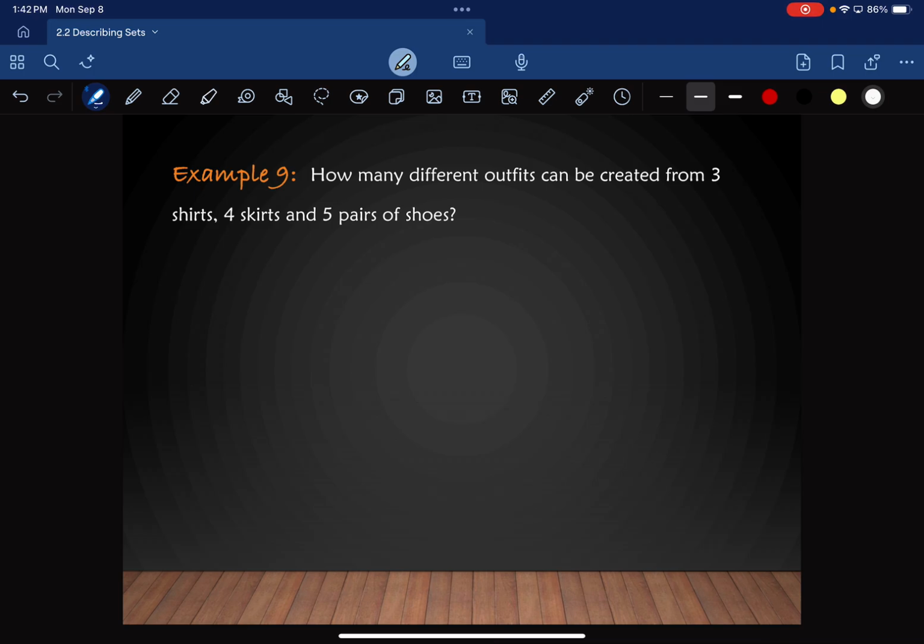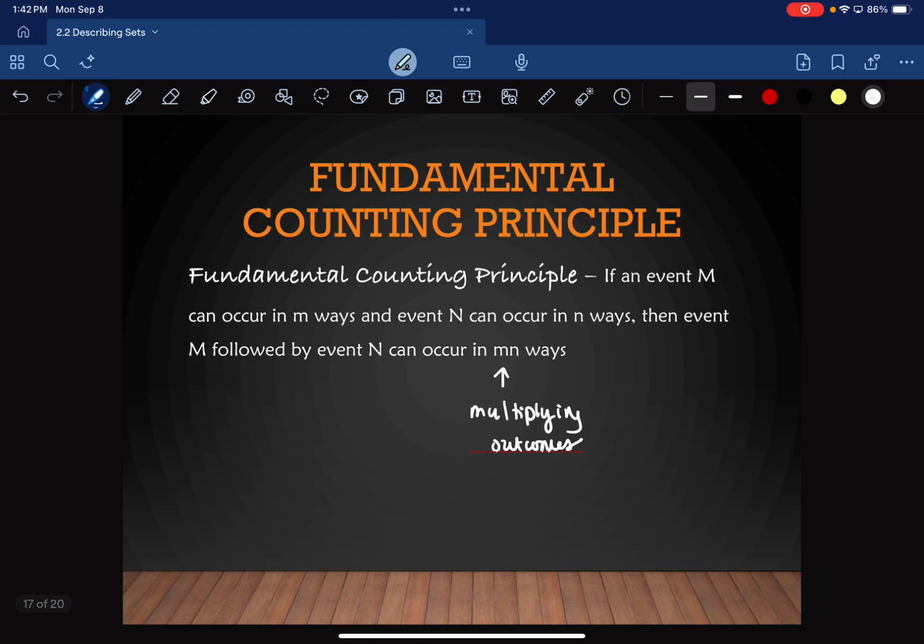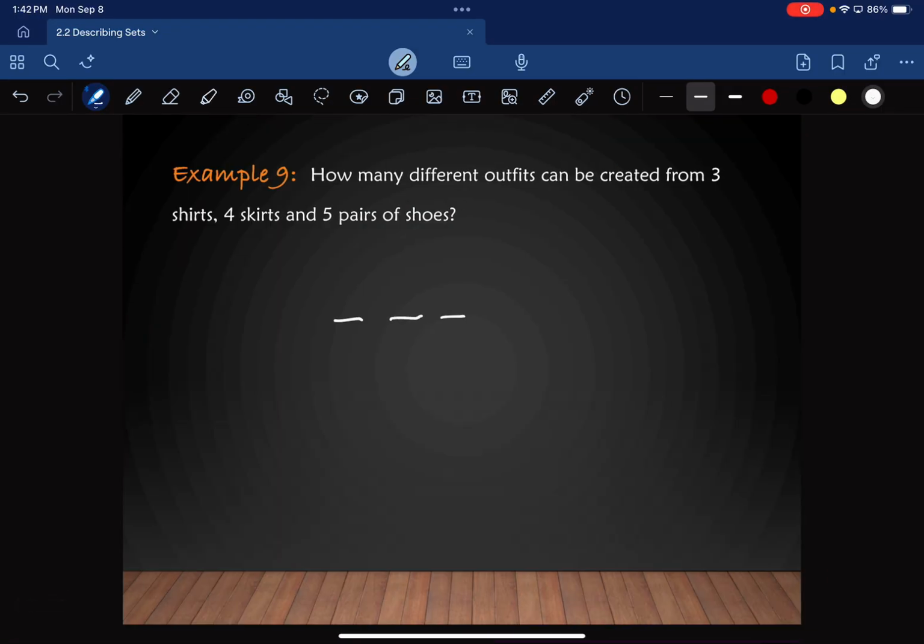Okay? So what the fundamental principle of counting says is that I have to make 3 choices. Oh, good grief. It moved for me. That wasn't supposed to do that. I have 3 choices to make. I have to choose a shirt. And how many shirts do I have to choose from? 3. I have to choose a skirt. And how many skirts do I have to choose from? 4. And I have to choose a pair of shoes.